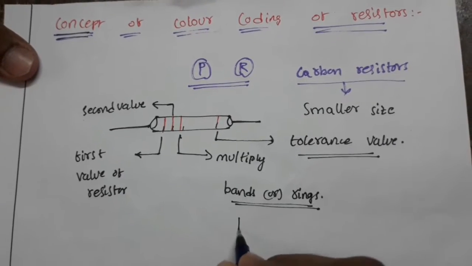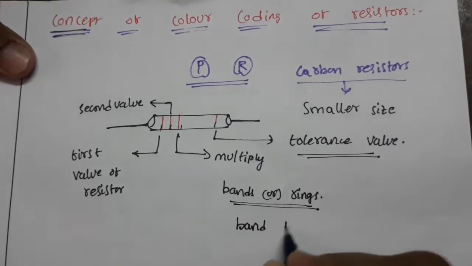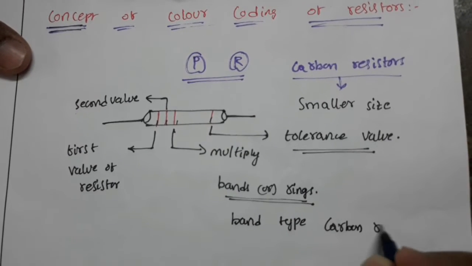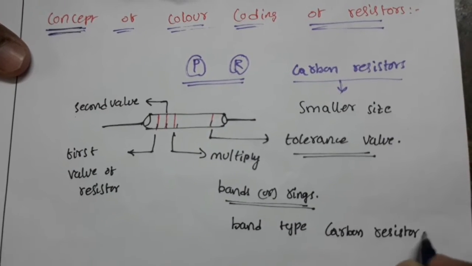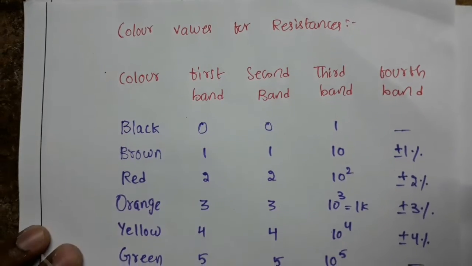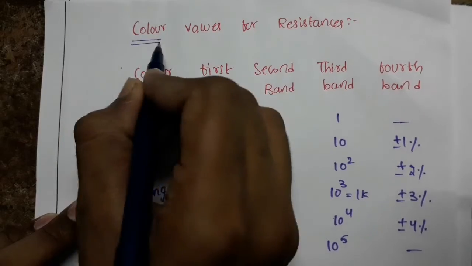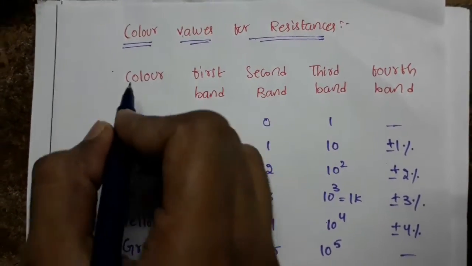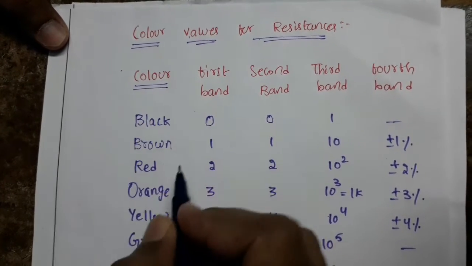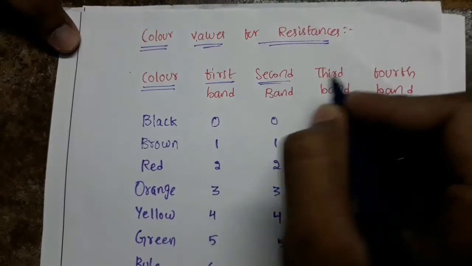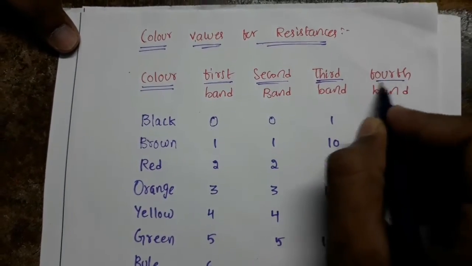This is for the band type carbon resistor, or band type resistor. Color values for resistance: this column indicates the color, this indicates the first band, the second band, the third band and the fourth band.